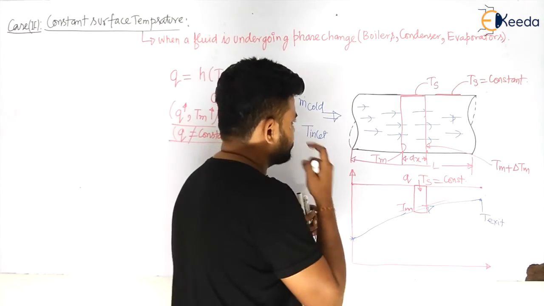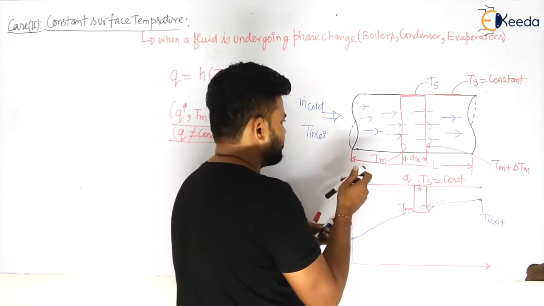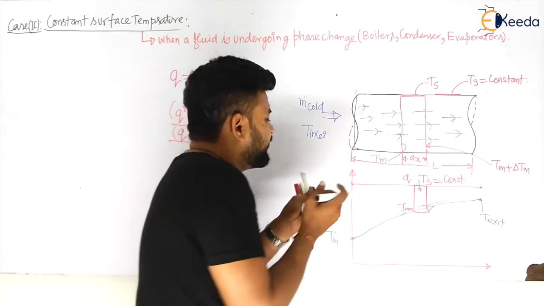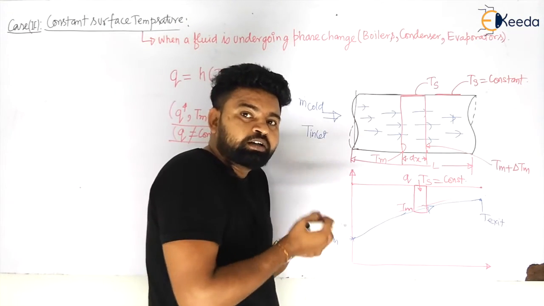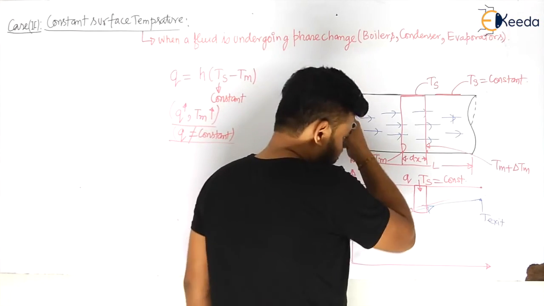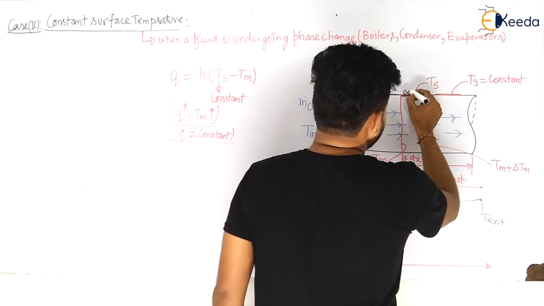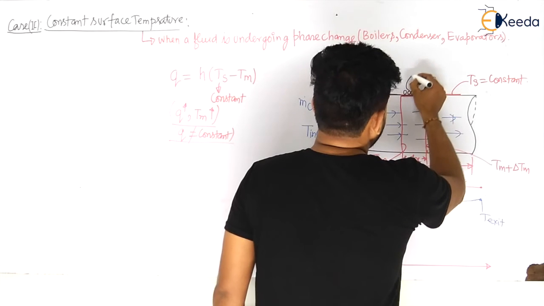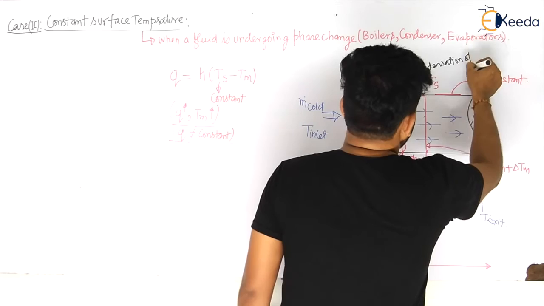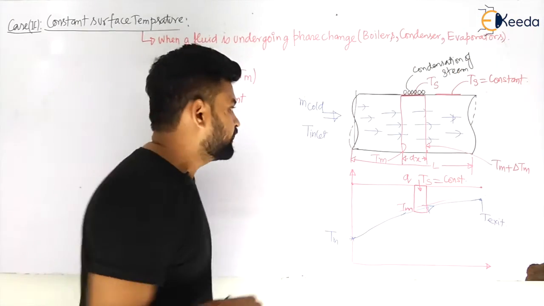First of all, as the fluid enters the pipe at section 1, it will start gaining heat, or slowly the surface will lose heat, and let us say condensation of steam is occurring outside.